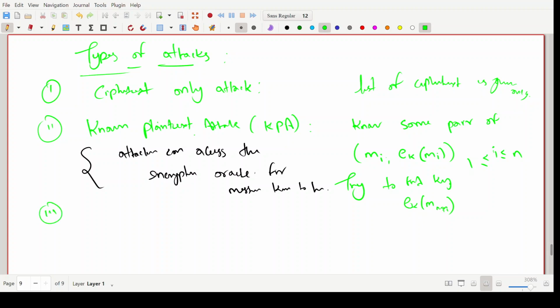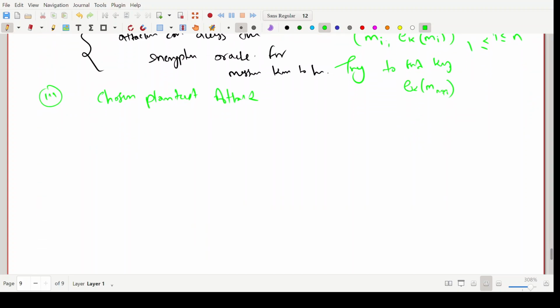Third is the chosen plain text attack. The cryptanalyst can choose plain text and get the ciphertext. He can choose the plain text out of, say, M1, M2, which he has. He can choose any of the plain texts and get the ciphertext, and again try to get the key or the plain text of a new ciphertext.